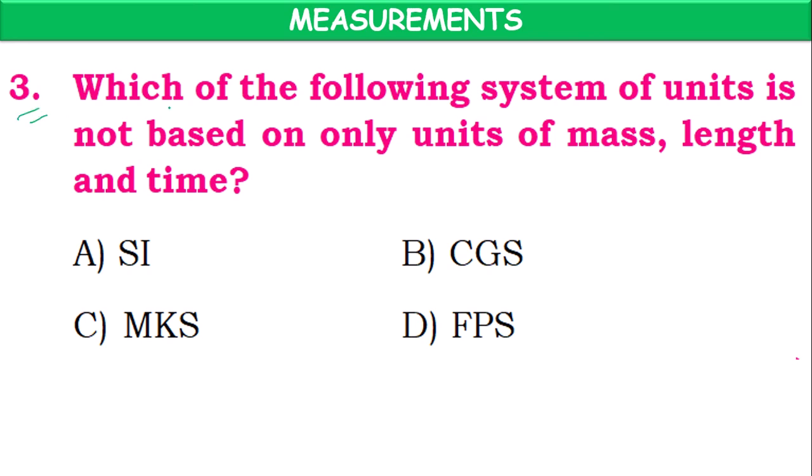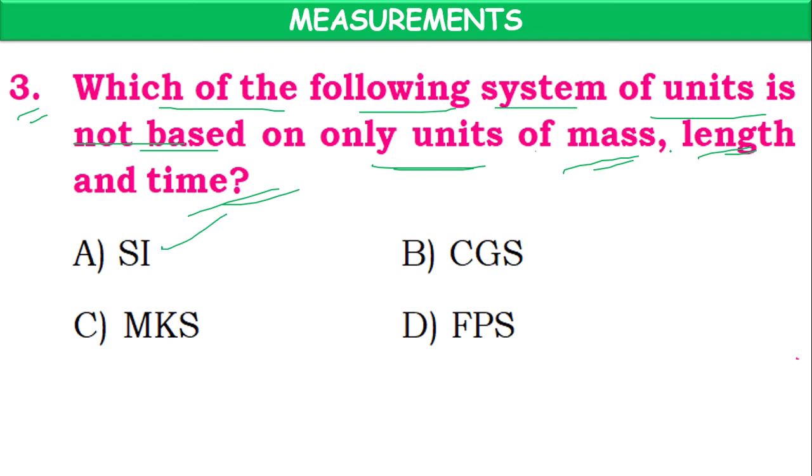Third question, which of the following systems of units is not based on only units of mass, length, time? The SI system, along with mass, length, time, has 4 more fundamental quantities and 2 more supplementary quantities.